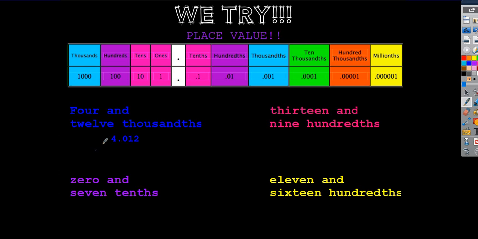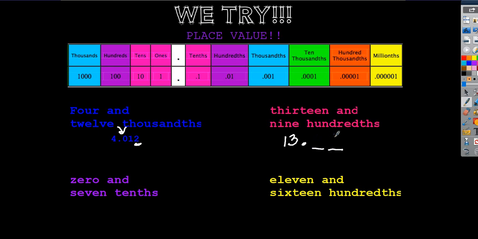So here you should have gotten 4 and 12 thousandths. Notice we have the 0 here because the thousandths place is 3 places after the decimal. So that's where our last digit has to go. 2 is the last digit in 12, so the 2 has to end in the thousandths place. Here we have 13 and 9 hundredths.